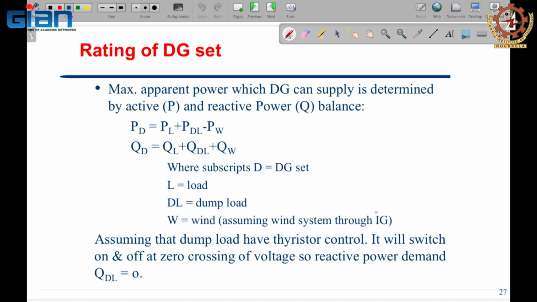So this reactive power from the wind depends upon the type of generator technology. Here it assumes an induction generator, which is why it is positive. Had it been a synchronous generator, you would consider it negative.